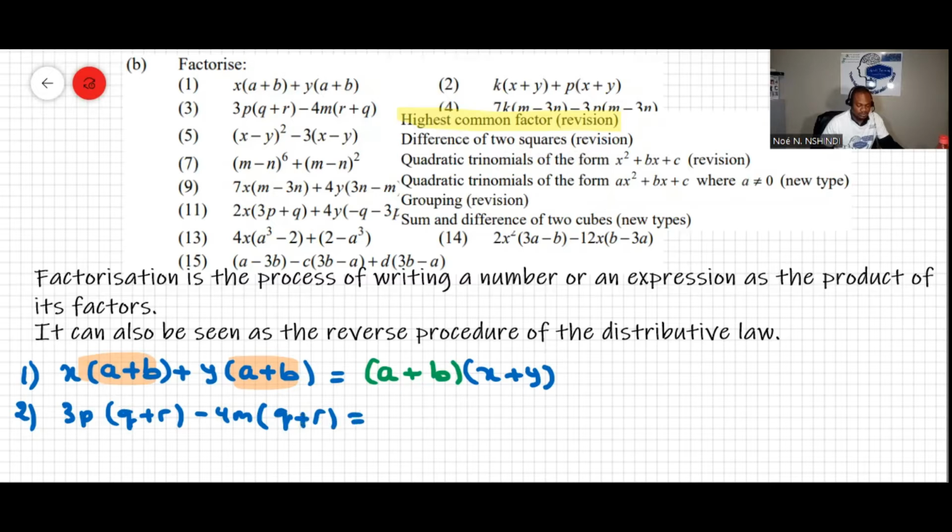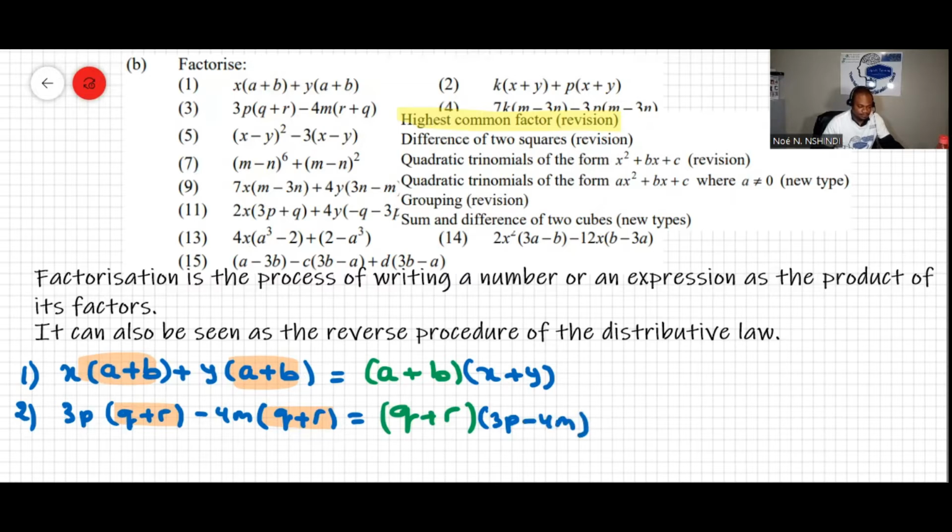You notice that it was r plus q, and right here I wrote q plus r, just to make it the same as this. q plus r is the same as r plus q, so this will be like that, and then we notice that these are common, so I can write q plus r in the bracket like this, and then 3p minus 4m. So 3p minus 4m.